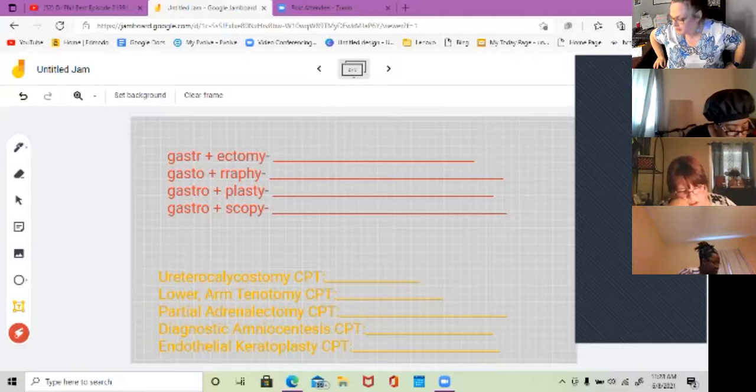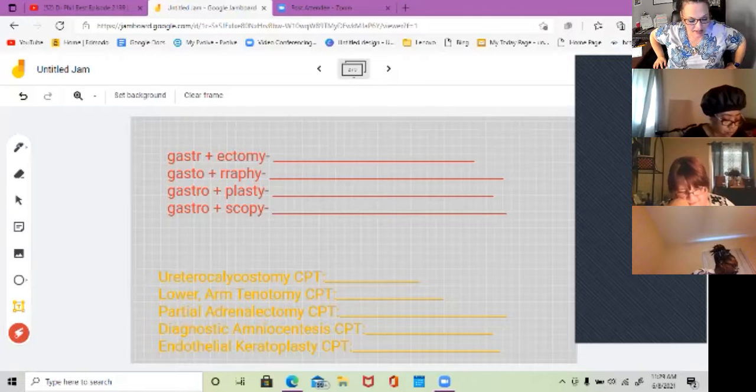Tell me if you think it's correct or not, Miss Rhonda, when you read it. You're absolutely right. It is correct. Amniocentesis diagnostic, 59000.